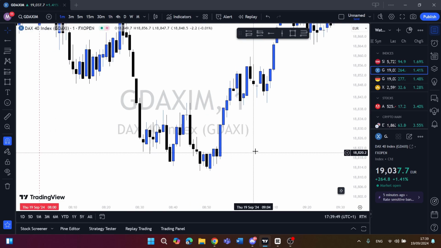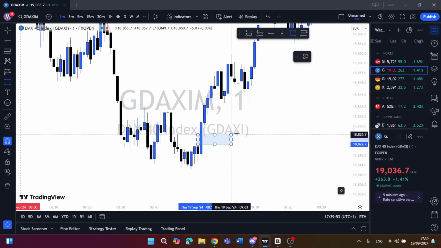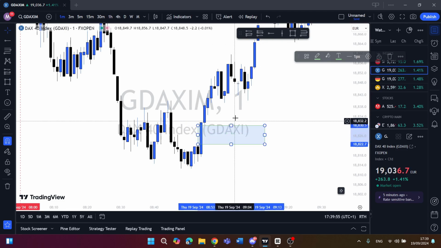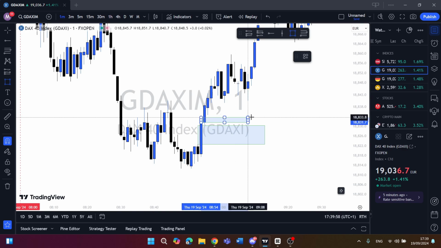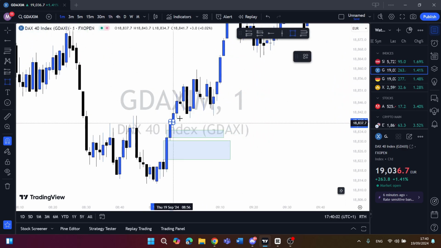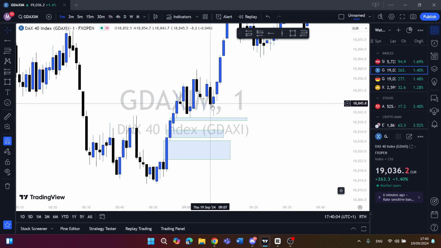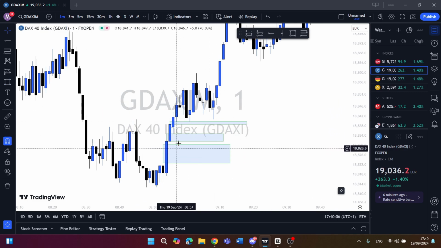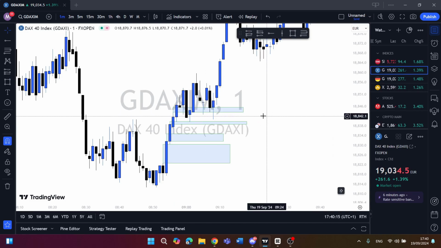So my points of interest were fair value gap, just this one, this one, this small one. So the price shot up, and oh, there's another fair value gap right here.